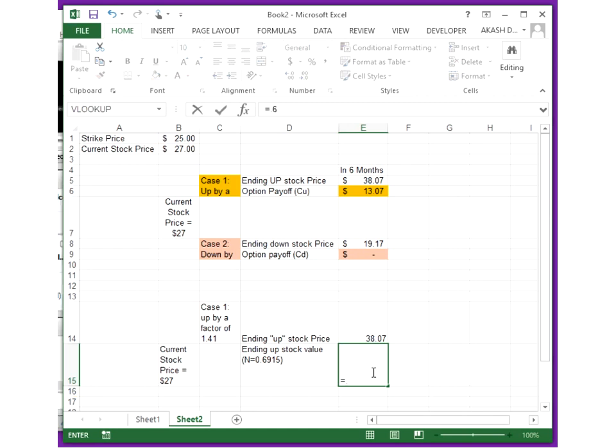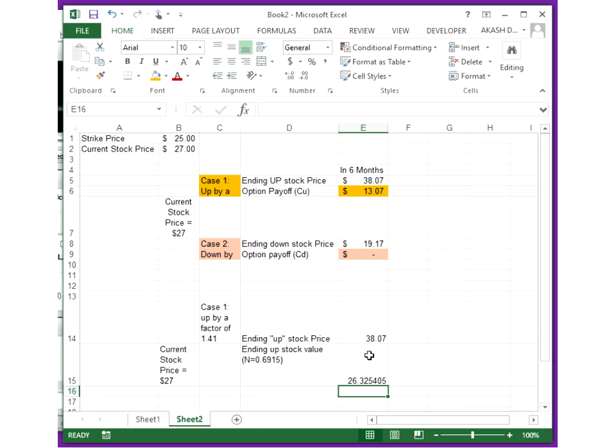So this is number of shares, which is 0.6915 multiplied with the price of the stock, which is 27, multiplied with the up factor, which is 1.41. So this is going to be $26.33.